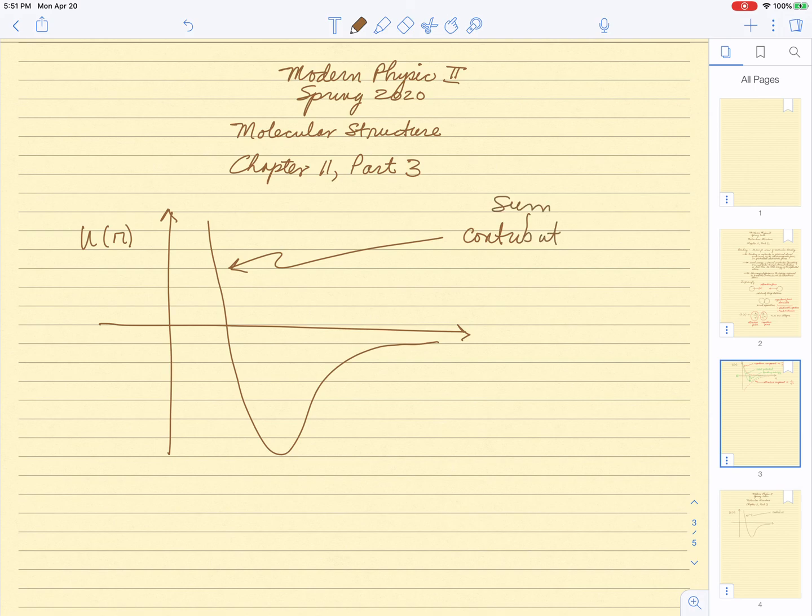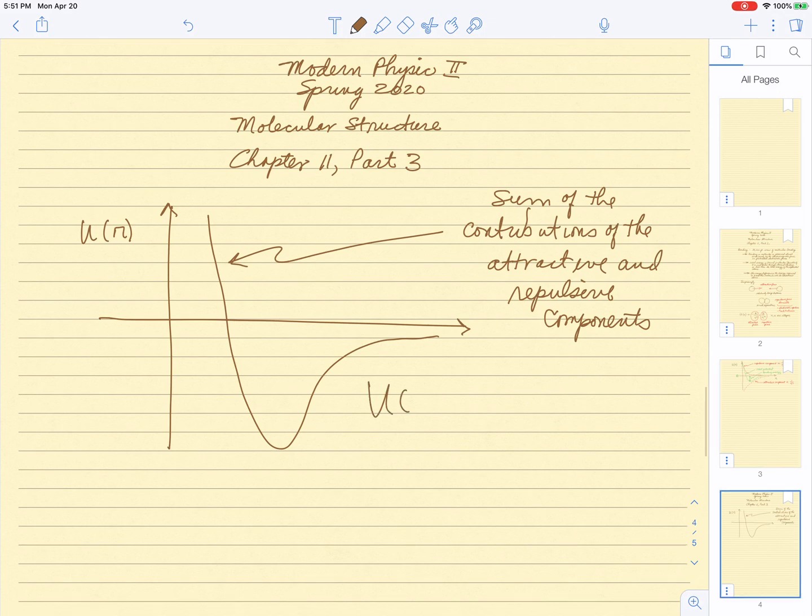Actually, the sum of the contributions of the attractive and repulsive parts, or attractive and repulsive components.